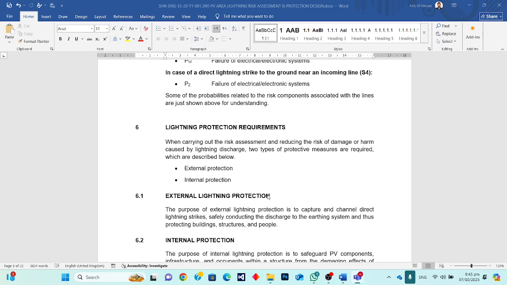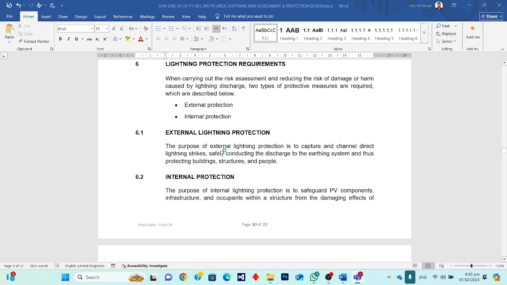So the purpose of the external lightning protection is to capture and channel direct lightning strikes safely, conducting the discharge to the earthing system and thereby protecting buildings, structures, and people. So the external systems will capture the lightning strikes and ground them through the earthing mesh to the ground.